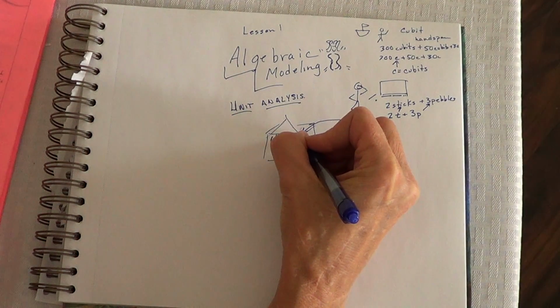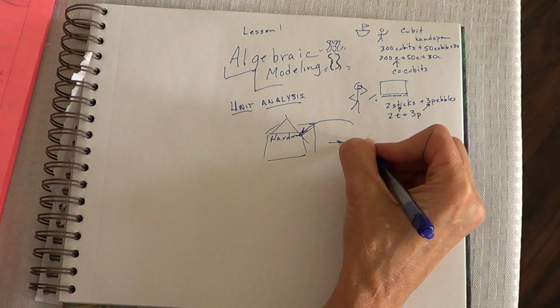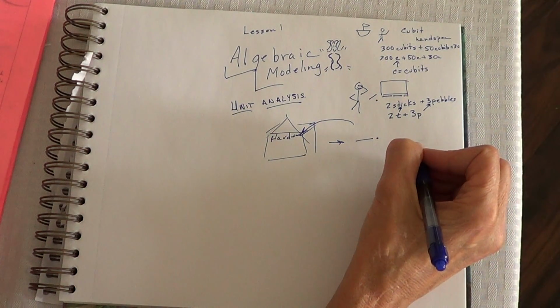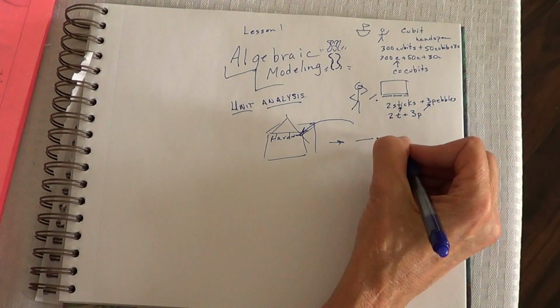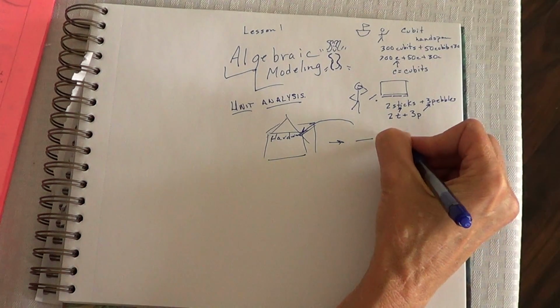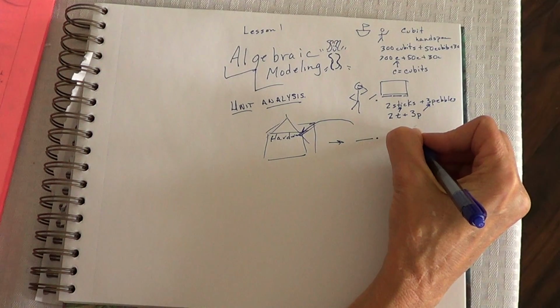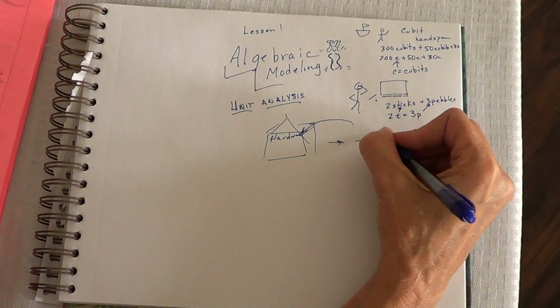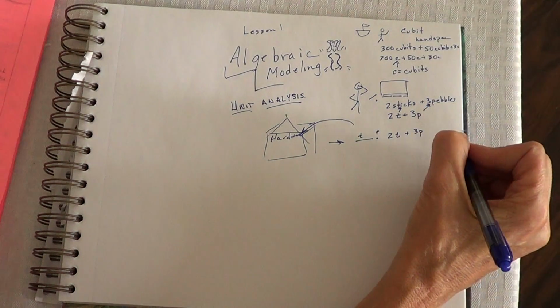And now at the hardware store, she has the stick and the pebble. And she says to the man, I know that the window is 2 sticks plus 3 pebbles. And I'll just put a P above that and a T above the stick.